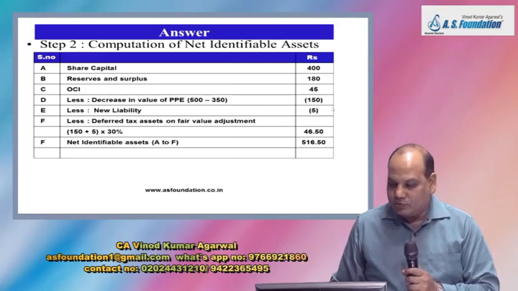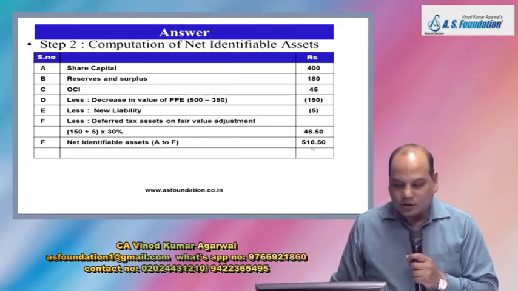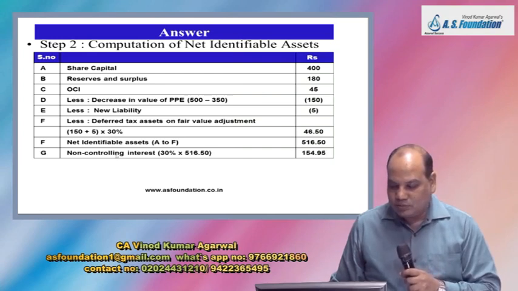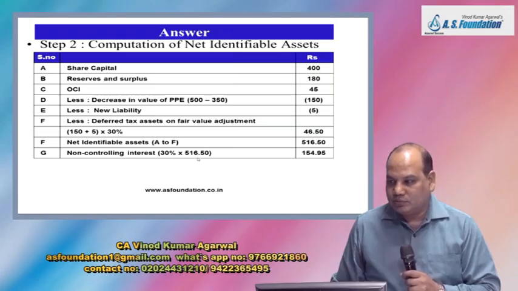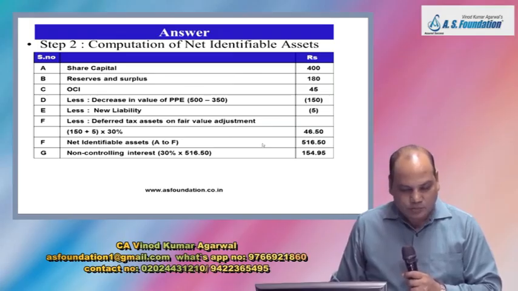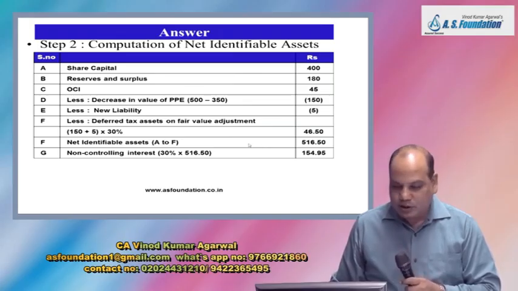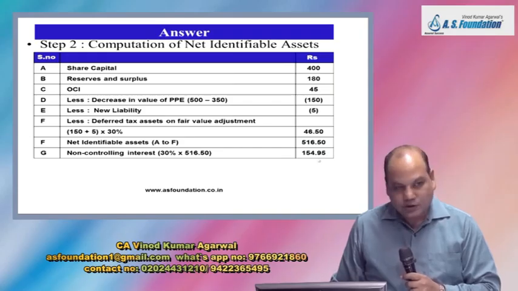So what we can do, we can take this as a basis for calculating the NCI. So point number G, write down NCI. 30% of 516.50, 154.95. Because we have to prepare the opening consolidated balance sheet, I need this figure also.